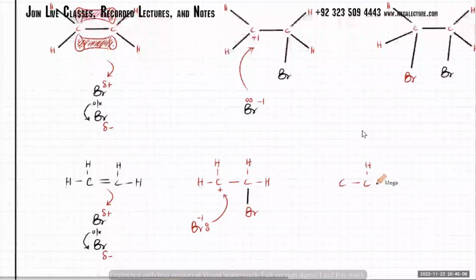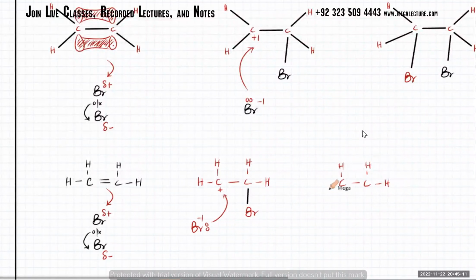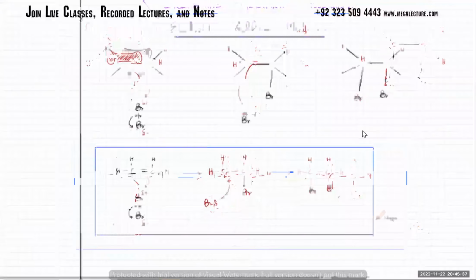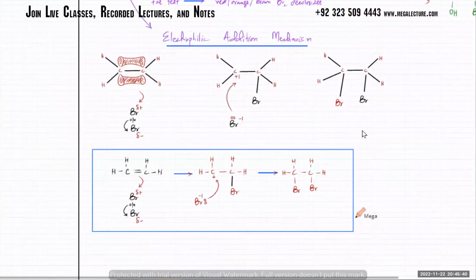It's going to be H, H, and Br. So this is the reaction scheme you have. So that's going on, and you have to remember this one. Okay, clear?